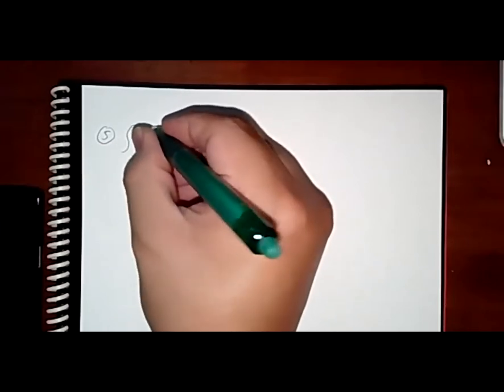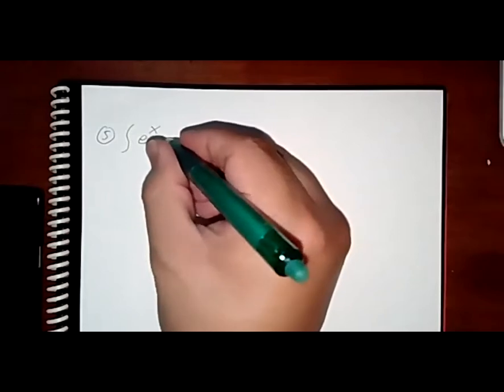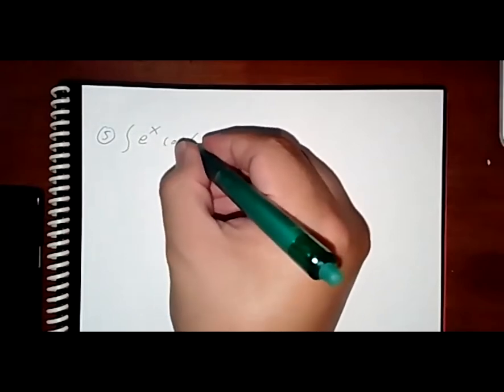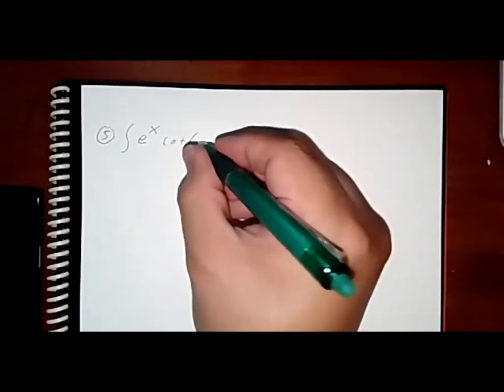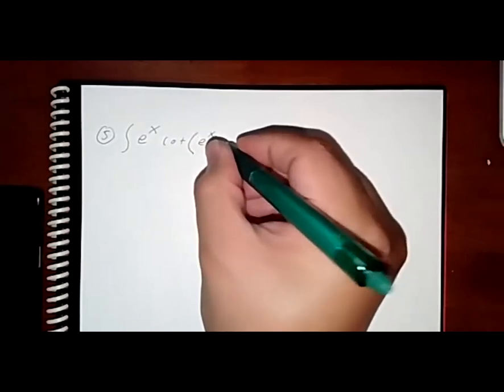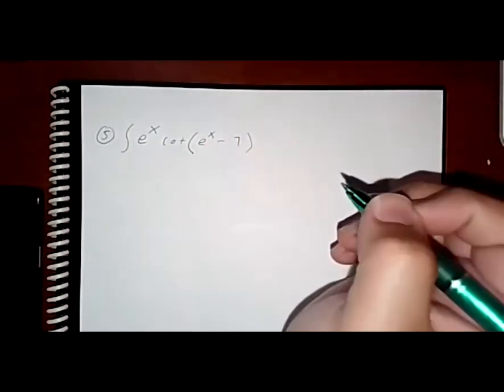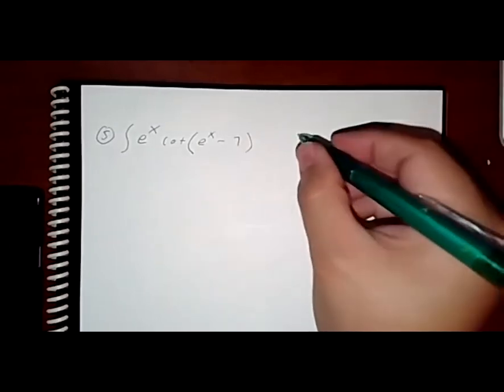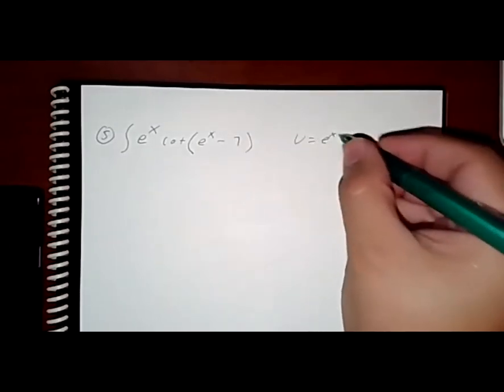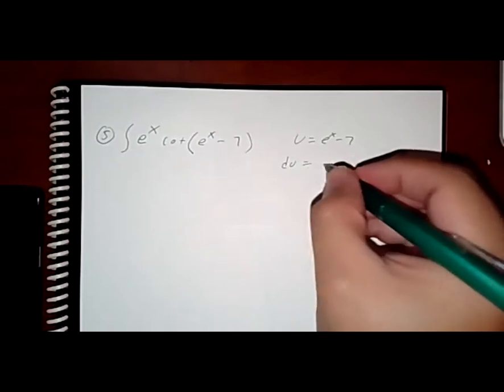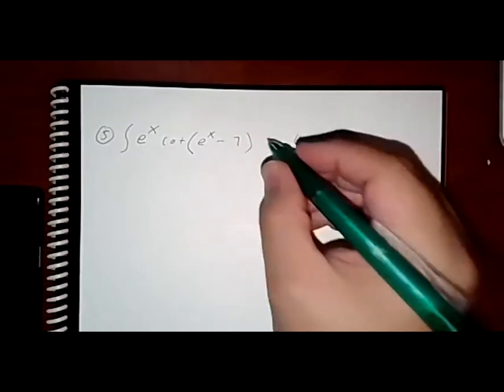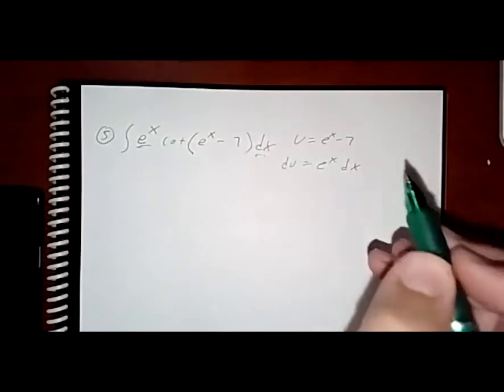I'm going to use x, by the way. So u equals e^x minus 7, du equals e^x dx. Right? There's my e^x and dx.